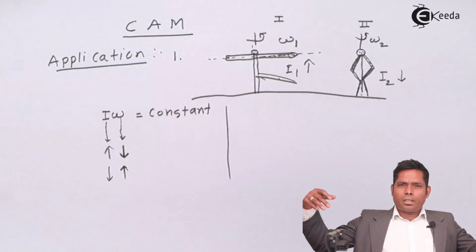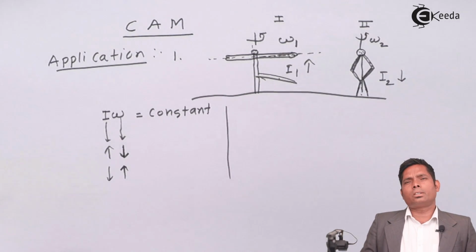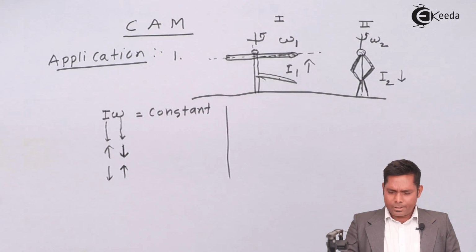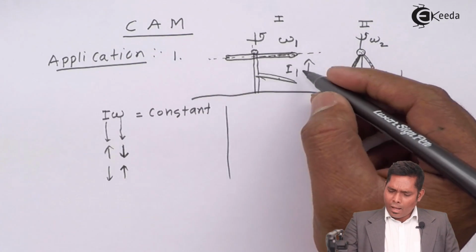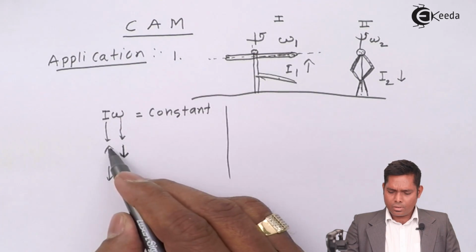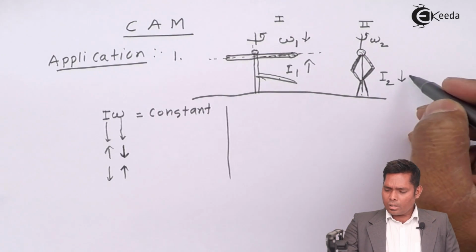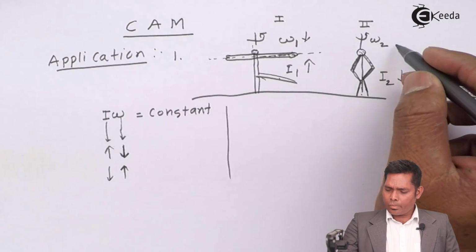When the masses are distributed farther from the axis of rotation, we know that the R value will increase and then the mR square value will increase. So if I increases, omega has to decrease. Here the I2 is less, so omega will increase.